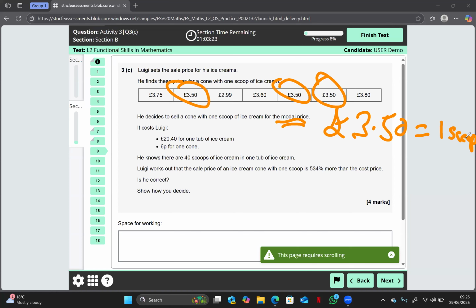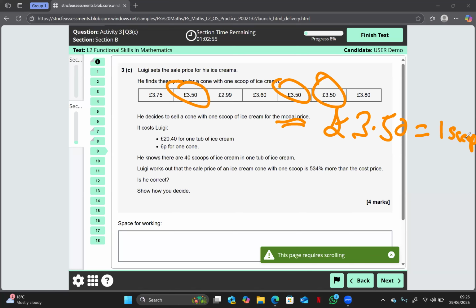He decides to sell the cone with one scoop of ice cream for the modal price, which is £3.50.